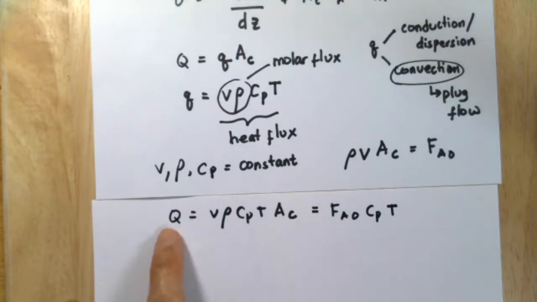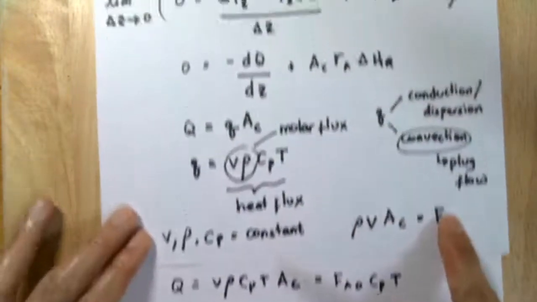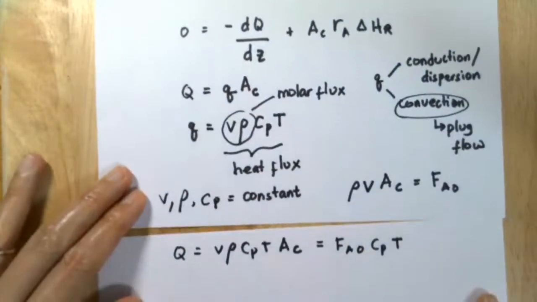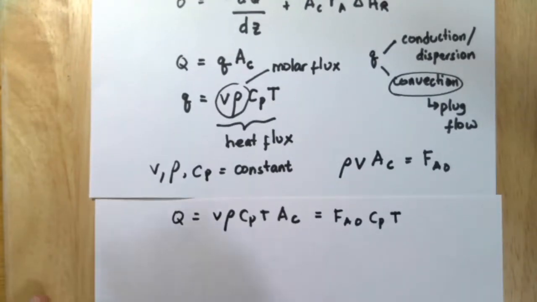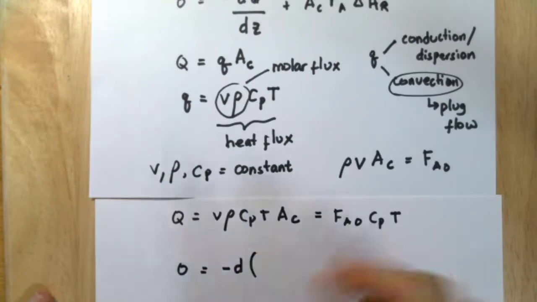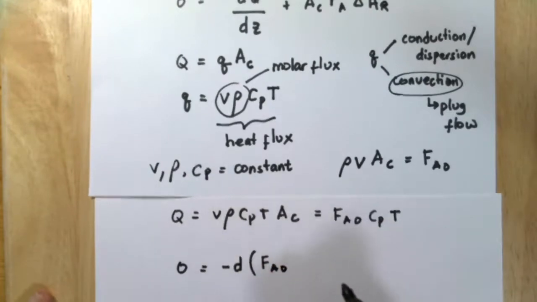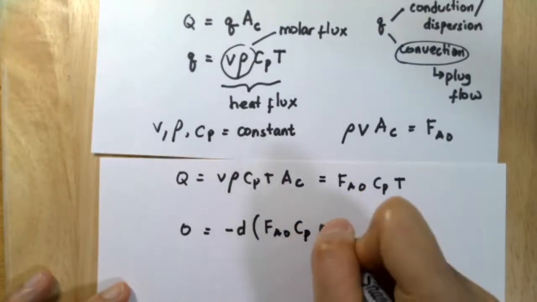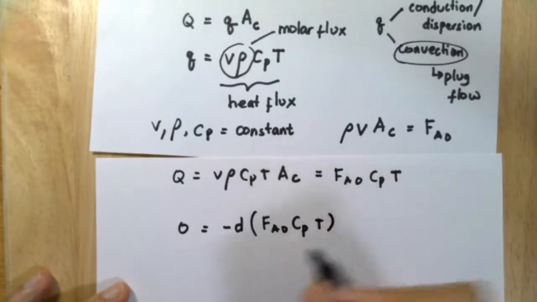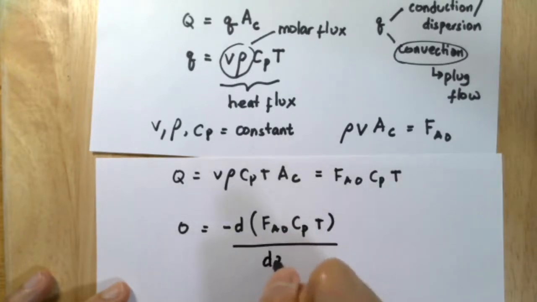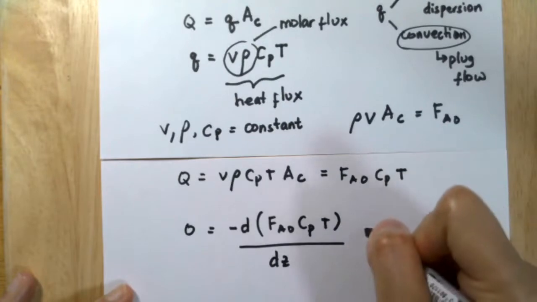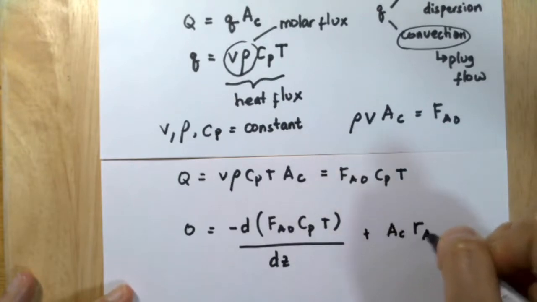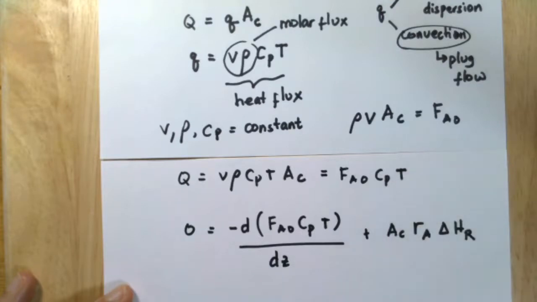Now I can substitute the expression for Q into our differential equation. So we will have 0 is equal to negative d/dz of FA0 Cp T, plus AC RA delta HR.